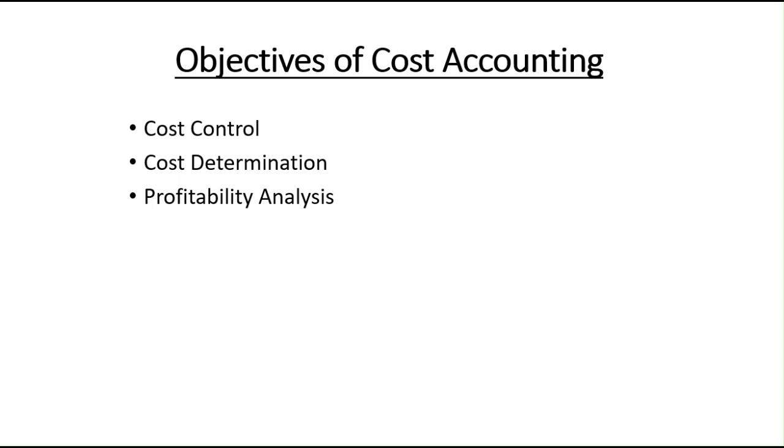All these purposes can be achieved by determining the cost of the product. The next objective is profitability analysis. Here, cost accounting provides data to assess product or service profitability. As an organization, we will have many product lines or service types provided for revenue generation. By having proper cost details, we can conclude which products or services are yielding better margins.